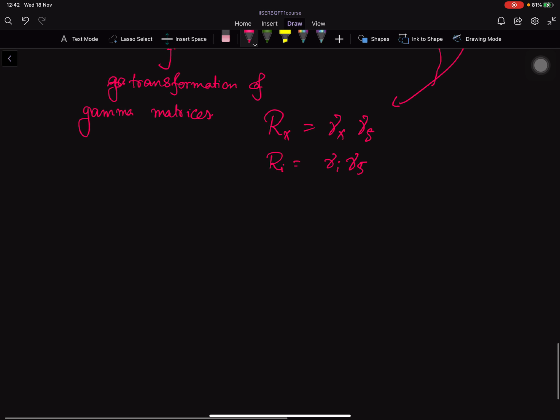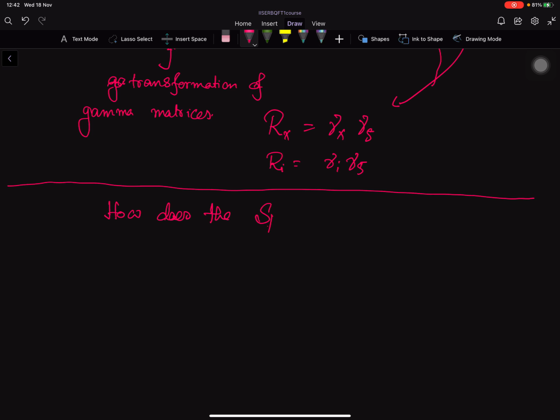Let's now talk about how the spinors transform. Under reflection, a Dirac spinor just simply goes to Ri times this.